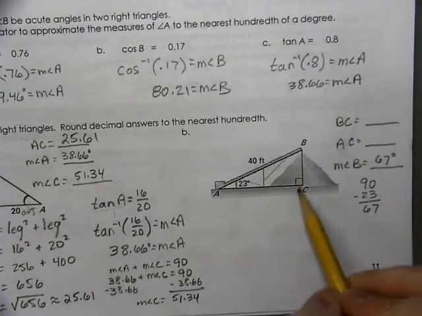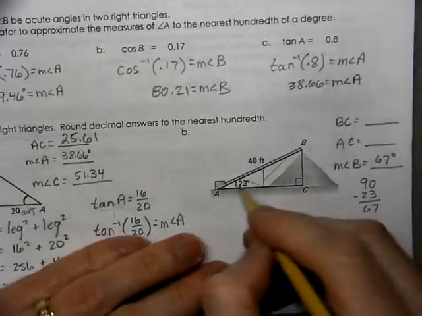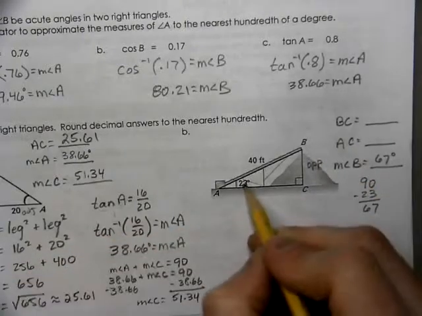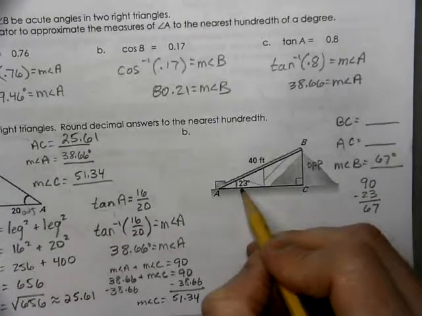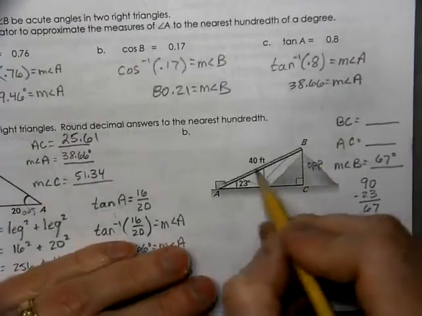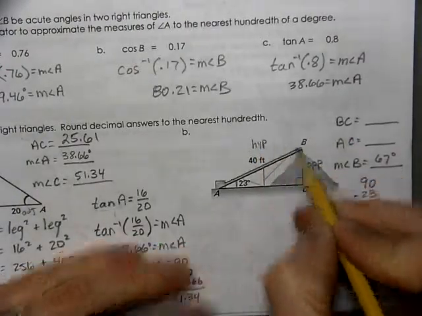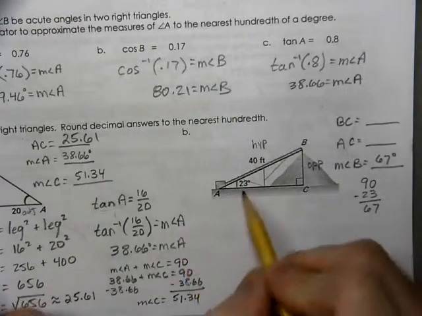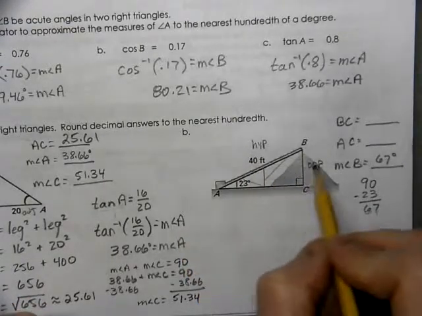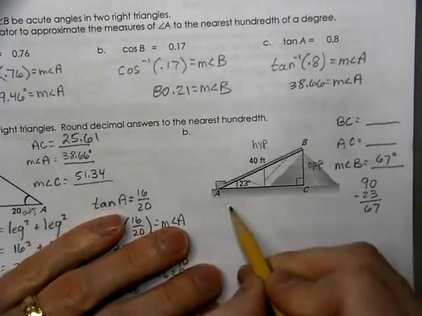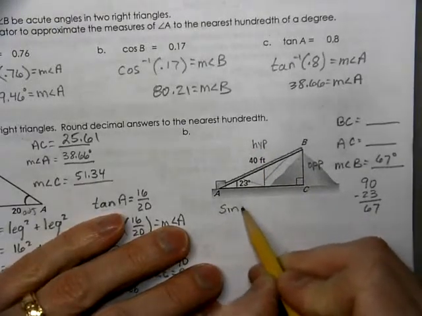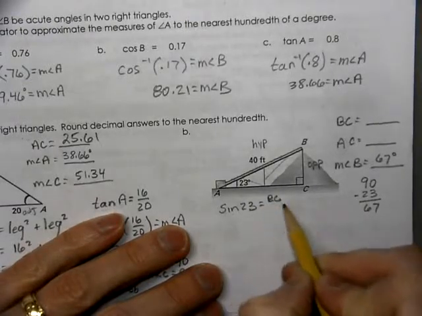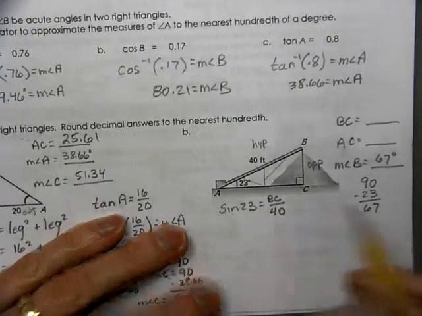Now to figure out BC, the segment BC, we notice that that is opposite 23 degrees. And then of course your hypotenuse is across from the 90, and that's our 40. So SOHCAHTOA tells us that opposite over hypotenuse is the sine of the angle, which equals BC over 40.